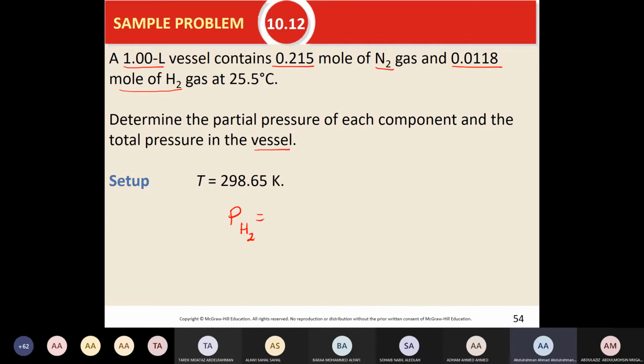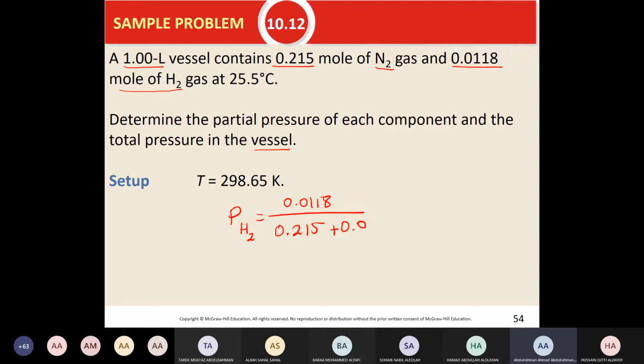We need to get the mole fraction first. Find it. What is it? It will be 0.0118 divided by what? 0.0118 plus 0.215.